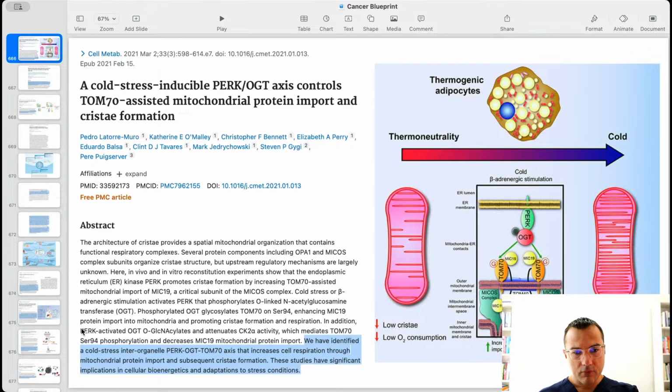What I highlighted at the bottom was that we have identified a cold stress interorganelle axis that increases cell respiration through mitochondrial protein import and subsequent cristae formation. These studies have significant implications on the bioenergetics and adaptations to cold stress.